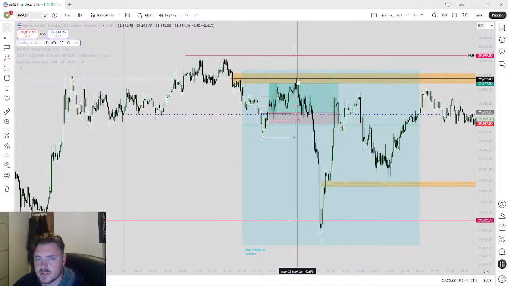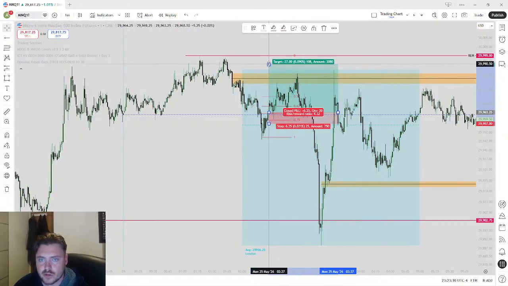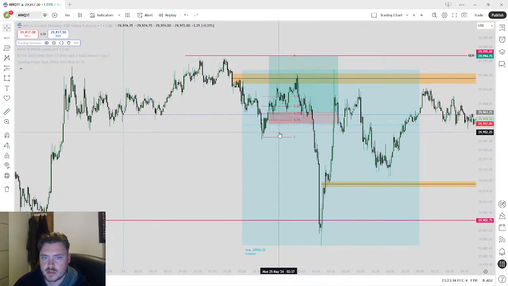So you could take profit off that inefficiency, making a 2.6 to 1, just off targeting the low of it. If you got greedy, targeted up here, you'd have come down and got stopped.